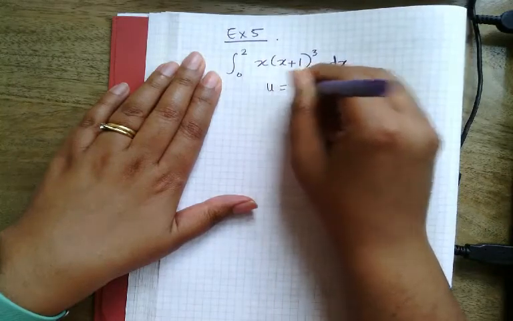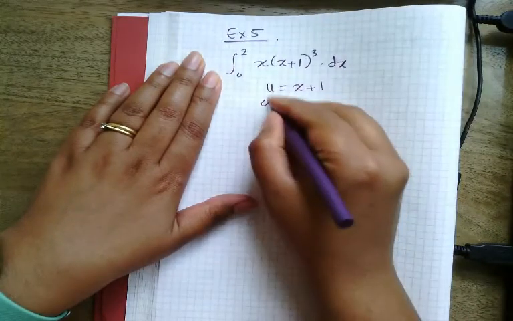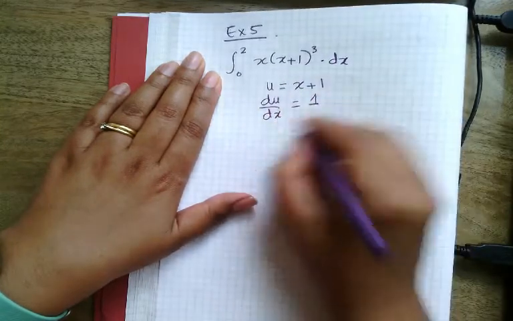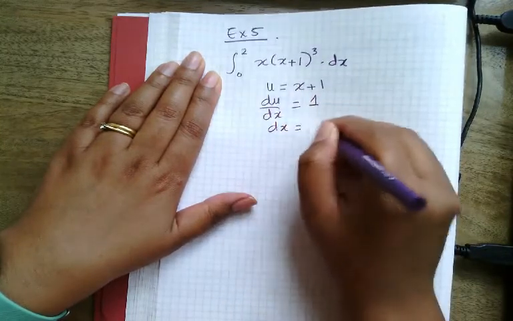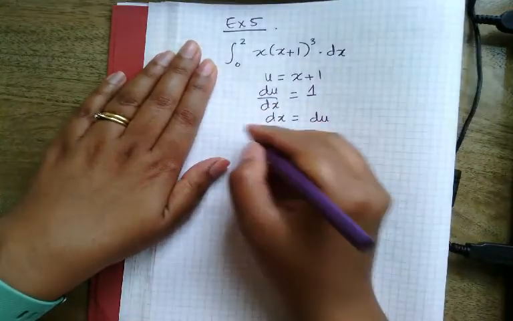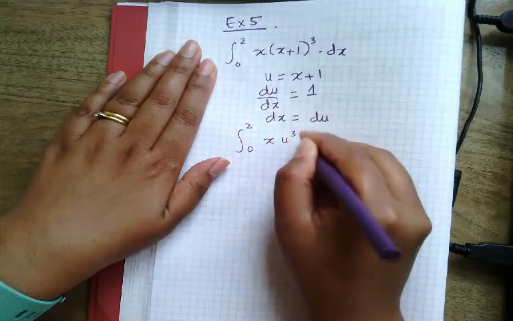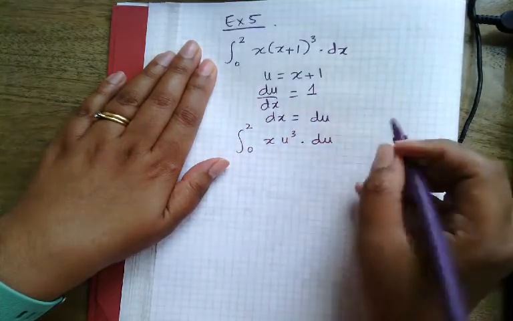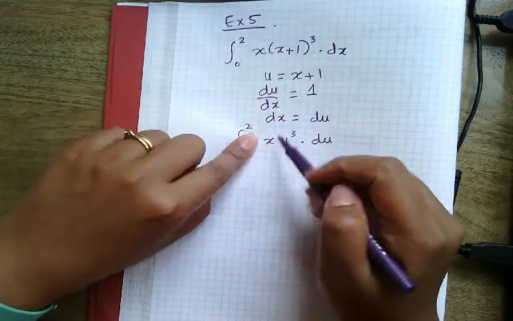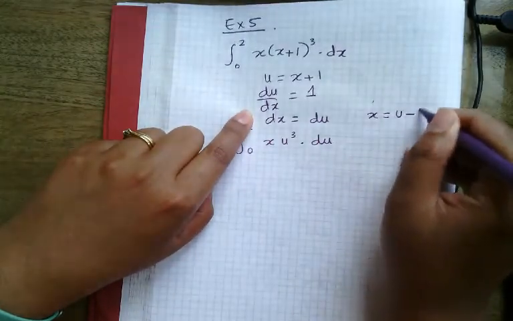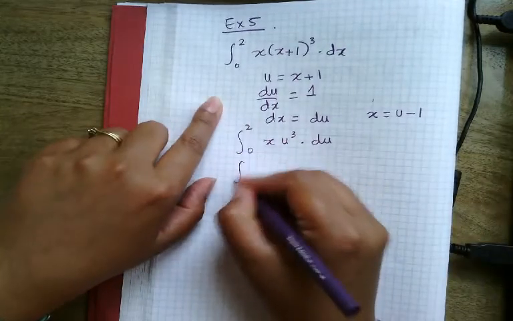So u should be x plus 1. du by dx is just going to be 1. dx is going to be du. Substitute in there. I'll get x u cubed du. Make that rearrangement. So then x is equal to u minus 1. Plug it in there.